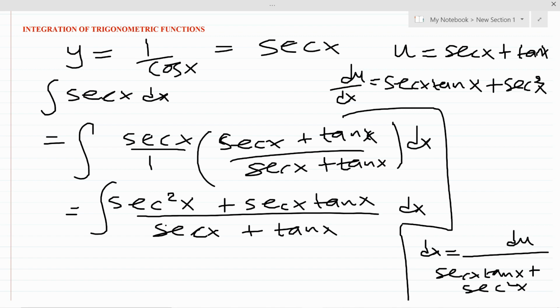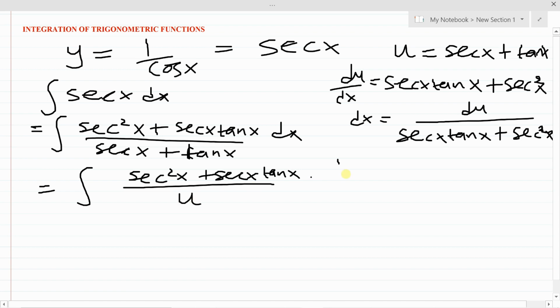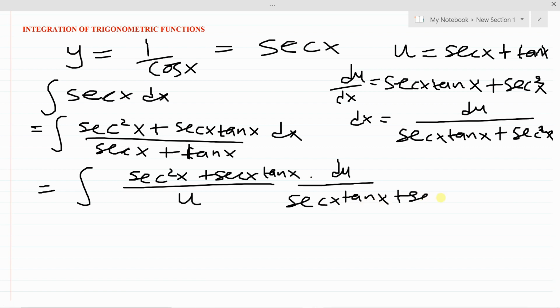That is it. I'm coming to clean everything and then we'll go through it again. We'll write some things again. So that is our dx. It means that this whole integral will be equal to sec squared x plus sec x tan x over u times du over sec x tan x plus sec squared x.